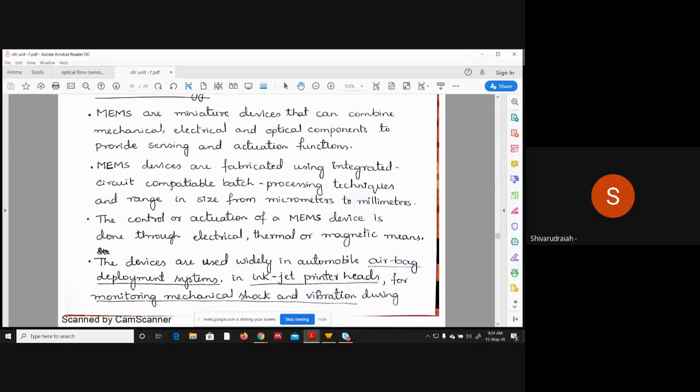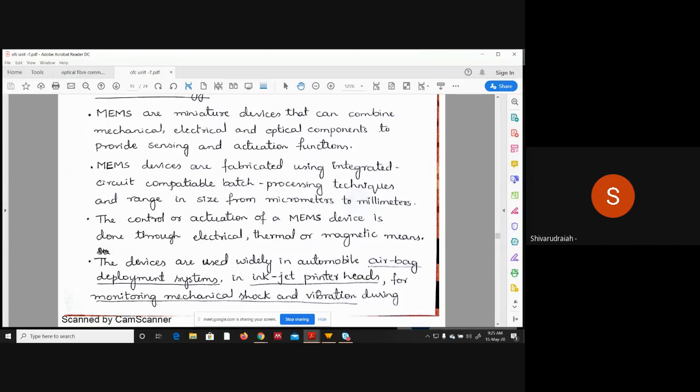What are MEMS? MEMS are nothing but miniature devices. These devices combine properties such as mechanical, electrical, and optical properties. All these properties are combined and used in order to design your optical components.